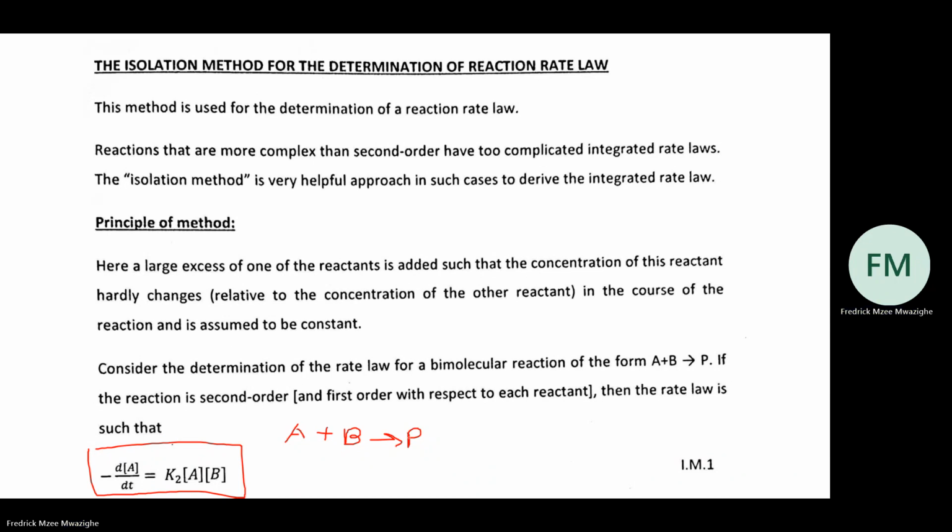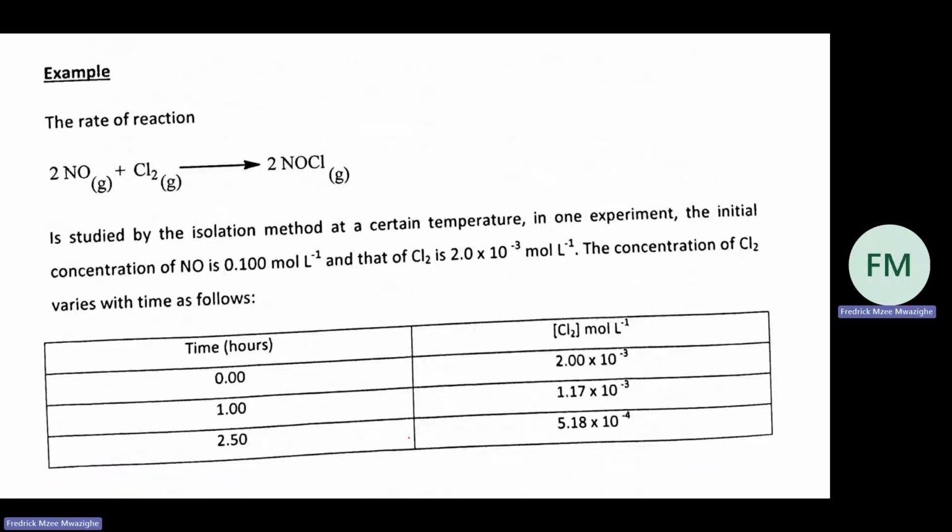So today I want us to look at an example. And I gave you this example where you're supposed to use the isolation method. So you have this reaction of NO with the chlorine gas to give us this product.